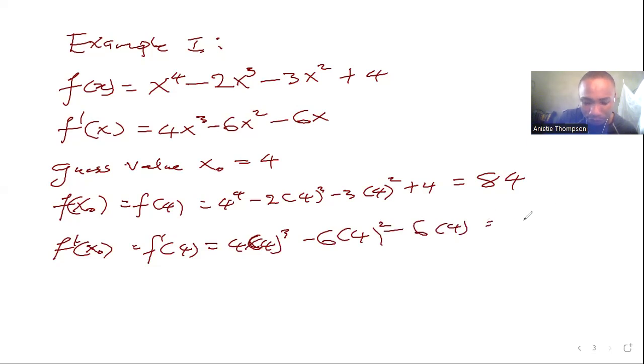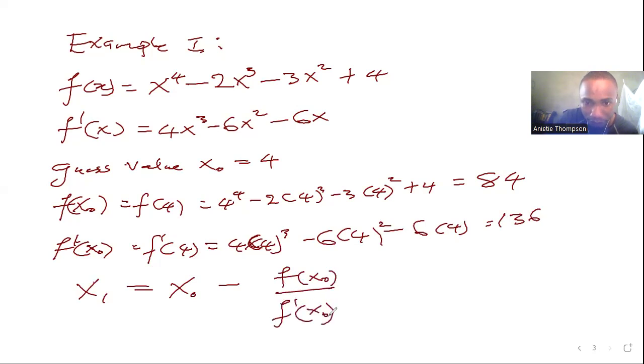And that will give you 136. Now we can substitute since it is x0, let's get x1 from the iteration formula stated earlier. x1 equals x0 minus f of x0 divided by f prime of x0.